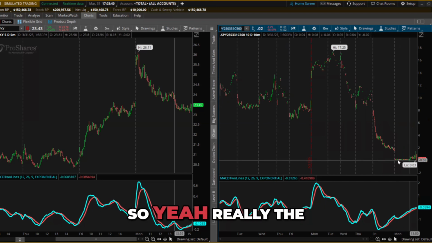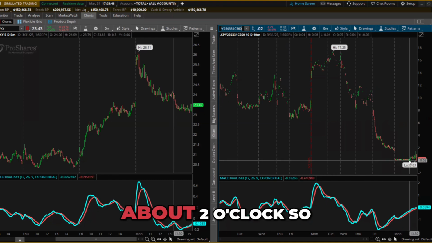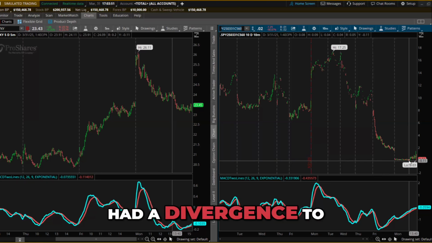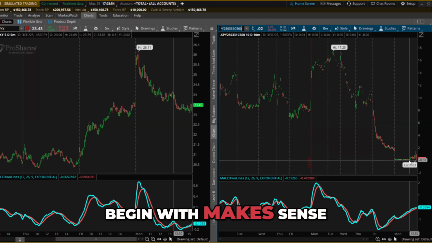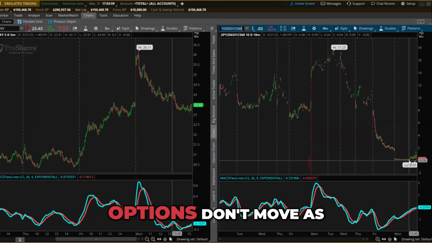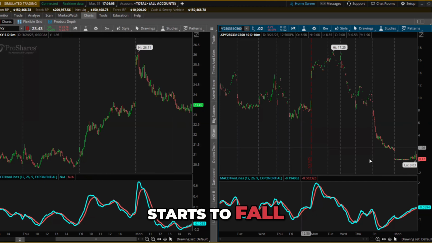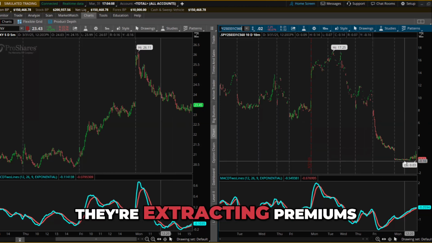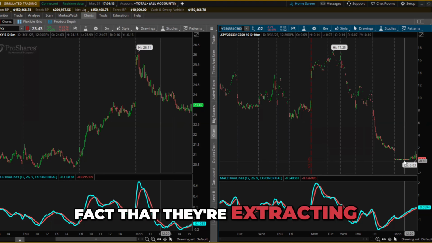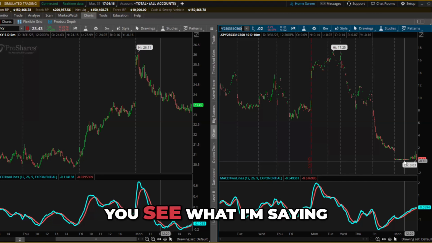So really the options went sideways for most of the day until about 2 o'clock. So it was that extra little boost that it had, but it had a divergence to begin with. Makes sense, because the options don't move as quickly when the volatility starts to fall. They're extracting premiums, so the price movement has to be greater than the extraction. You see what I'm saying?